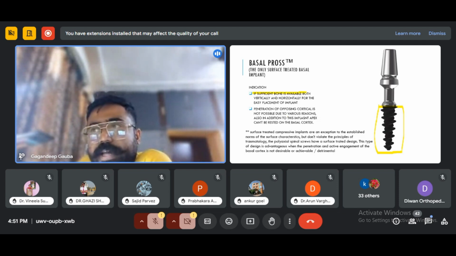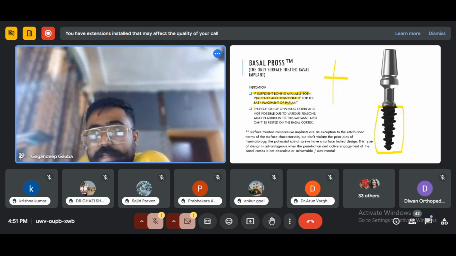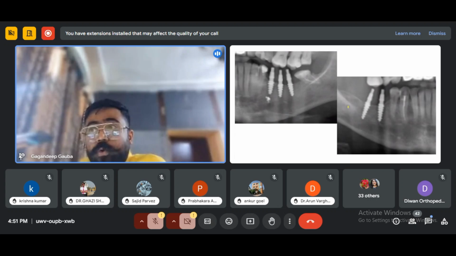If sufficient bone is available both vertically and horizontally, we have bone available in width and in height for easy placement of the implant. And second, the penetration of the opposing cortex is not possible due to various reasons, and in addition to that the implant apex cannot be rested on the basal cortex. In those cases we can go with a cross implant.